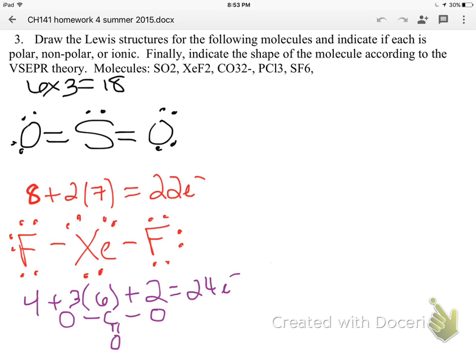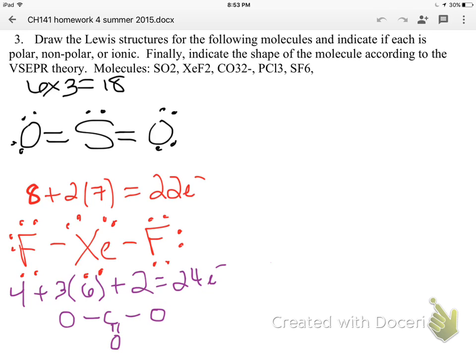We're going to fill in some other electrons around the oxygen. Alright, so the oxygen that's on the left here only has 2 electrons, so we're going to complete the octet by adding 6 more. That gives it 8, so that's good. And then the oxygen on the right is the same thing.